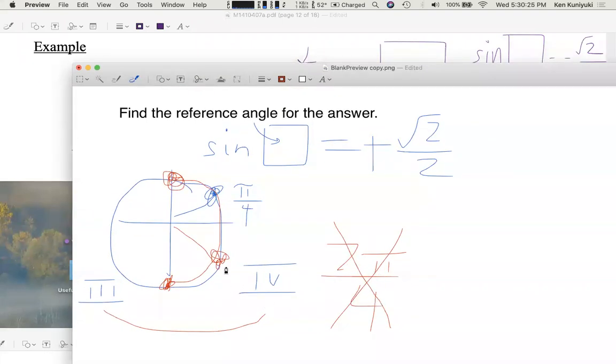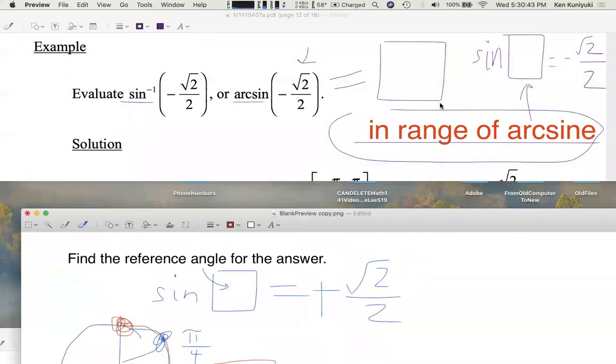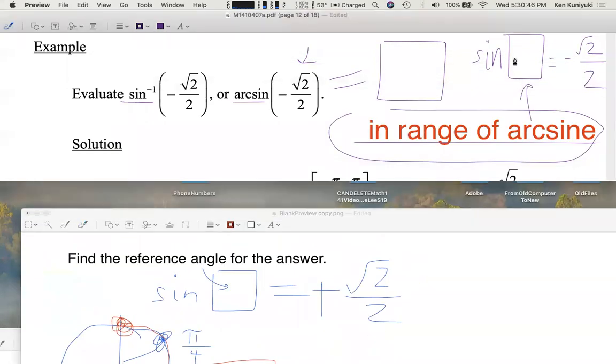So what coterminal twin will work? The range for inverse sine goes from negative pi over 2 to pi over 2. The only brother here in quadrant 4 that's going to work is negative pi over 4. And that is going to be the answer. So we know that sine of negative pi over 4 is negative root 2 over 2.